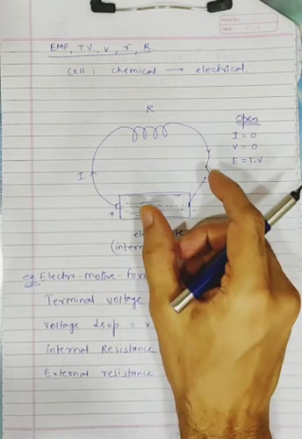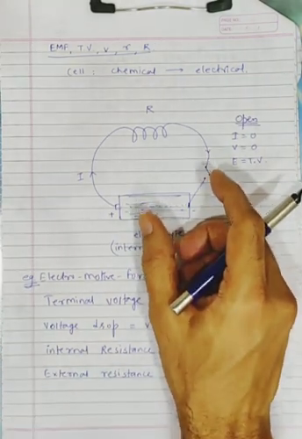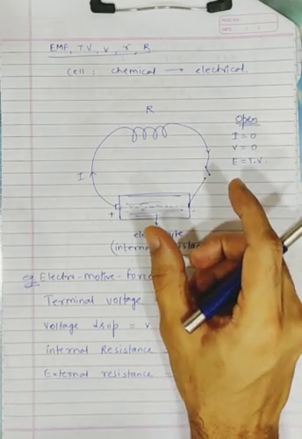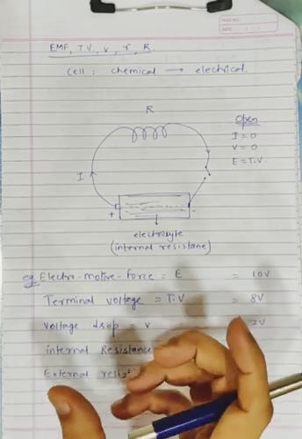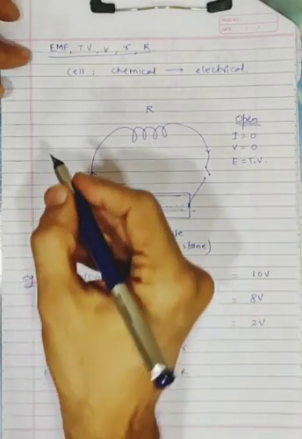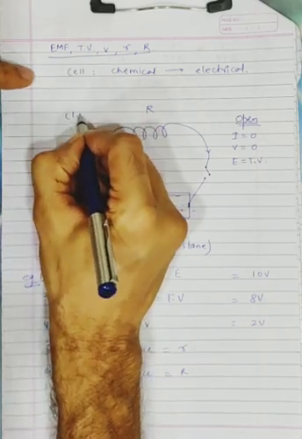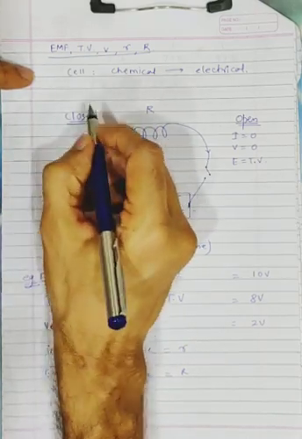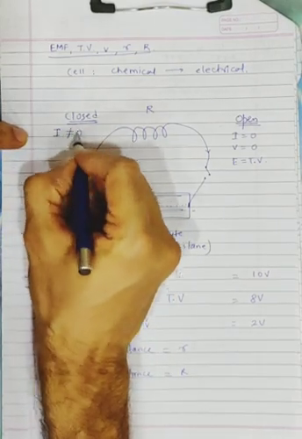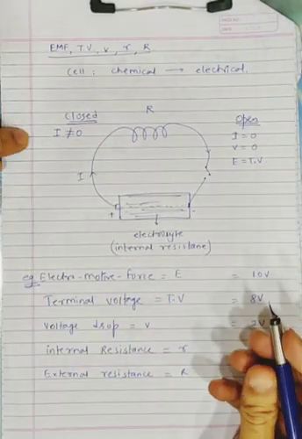Like when you bought a cell from the market, say 10 volts was written on it. As long as you are not using that cell, how much is the voltage across the ends? 10 volts only. But now when the circuit is closed, what do we mean by closed circuit? Current is not equal to zero, meaning you are letting some current flow through it.